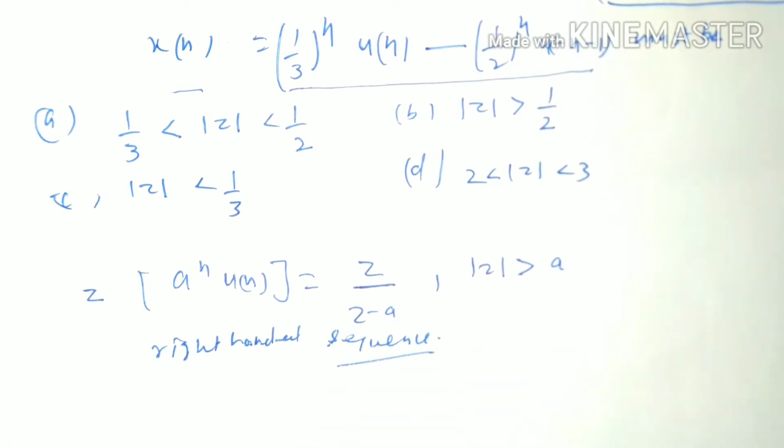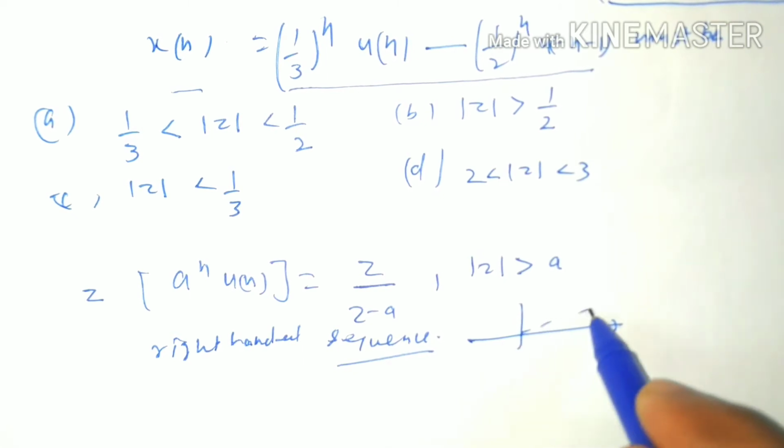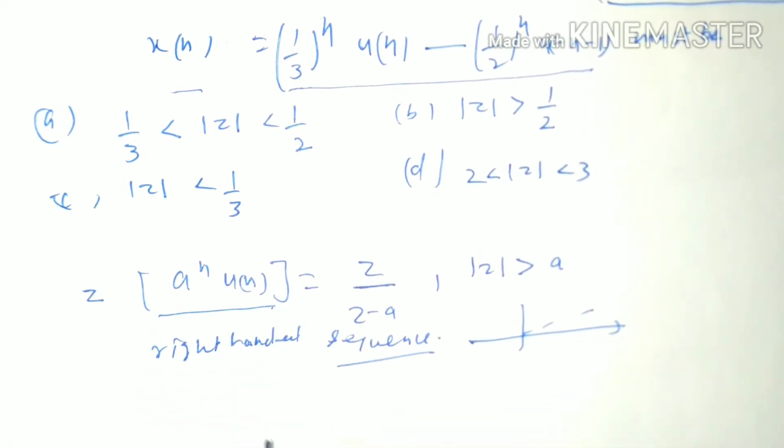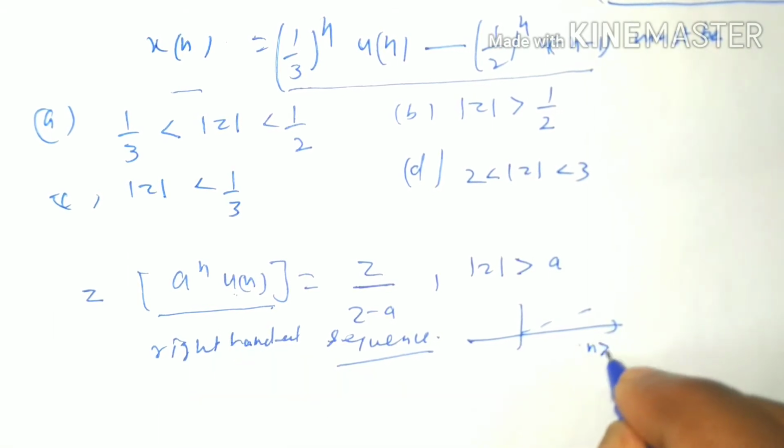Why is it right handed? Because it lies only on the right side of this axis. This one is a right handed sequence because u[n] only exists when n is greater than or equal to 0.